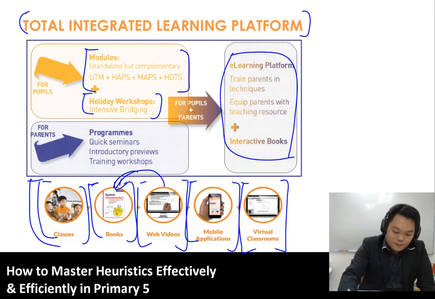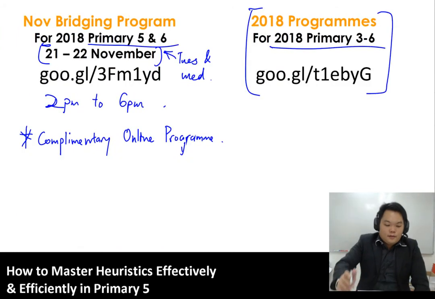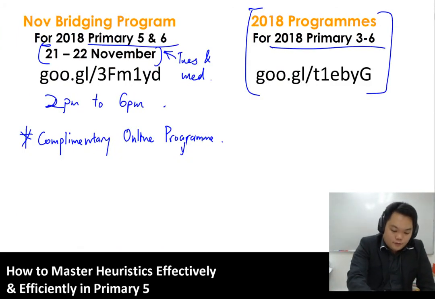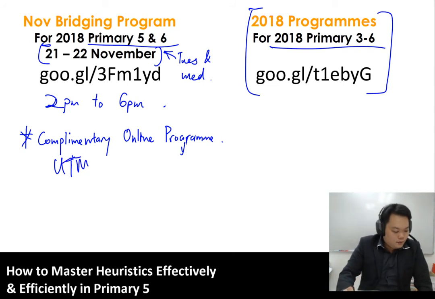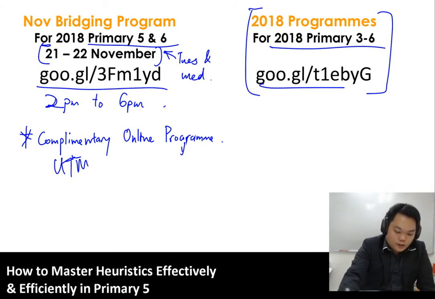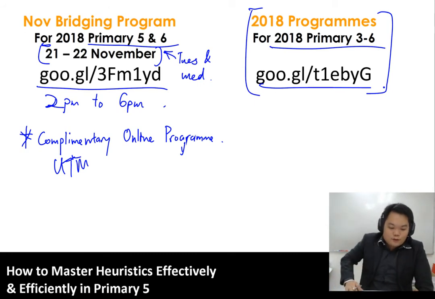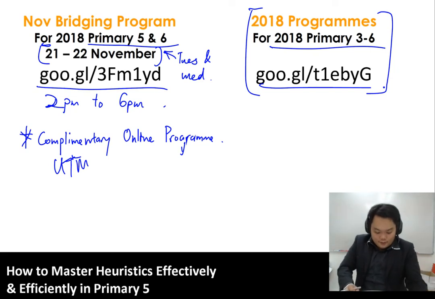This will support them all the way up to PSLE for the unit transfer method. There are more details that you can click on the link if you want to find out more.